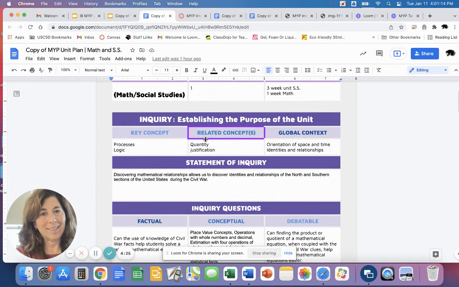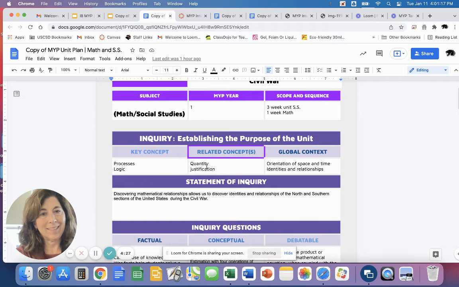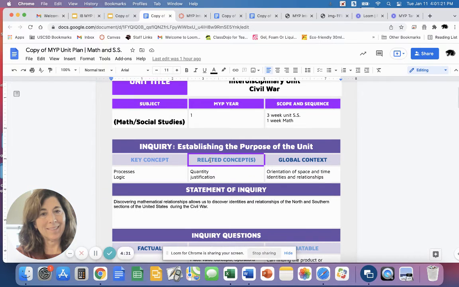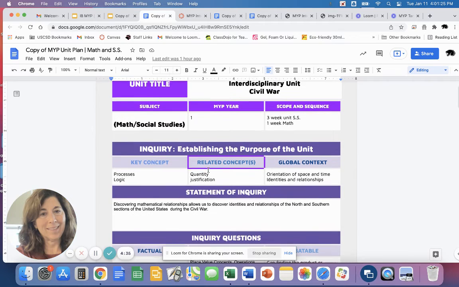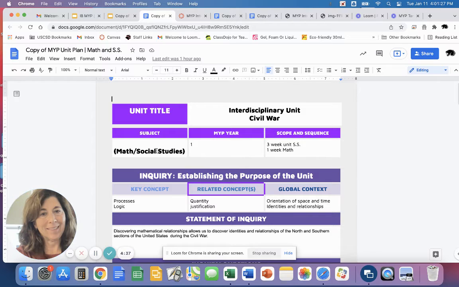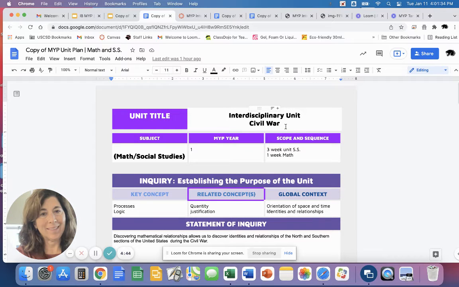Related concepts. So we took from both of our subject guide overviews, our SGOs. A lot of this is taken just like we did when we built our actual unit plans the last couple of weeks or months, I should say.